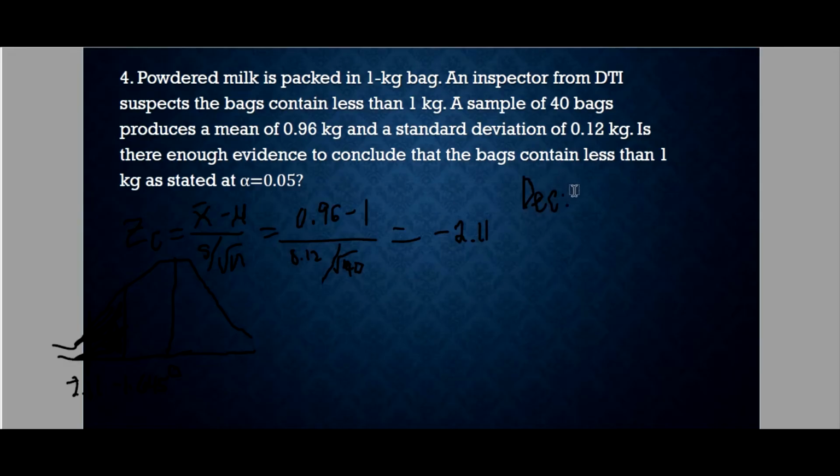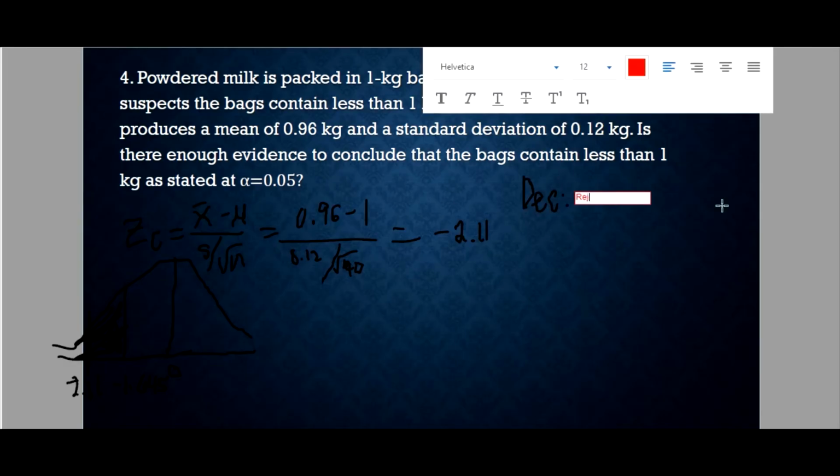Therefore, what is our decision? Reject the null hypothesis since the Z computed falls within the rejection region. Okay, so that is our decision.